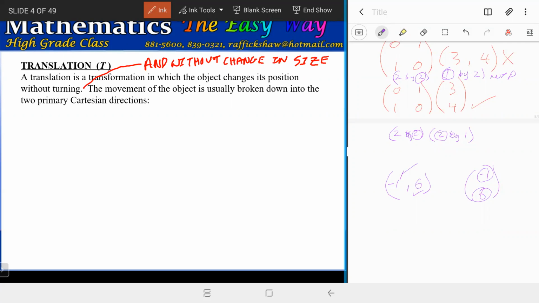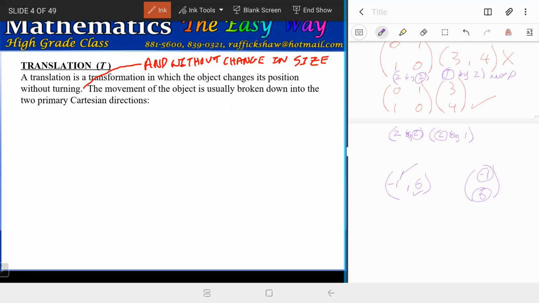So all that happens is that it changes position from one location to another. No change in size and also no change in orientation. Without changing size and without changing orientation. You can write that as well.